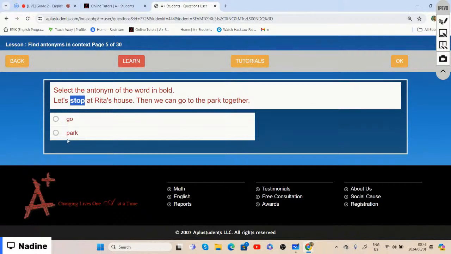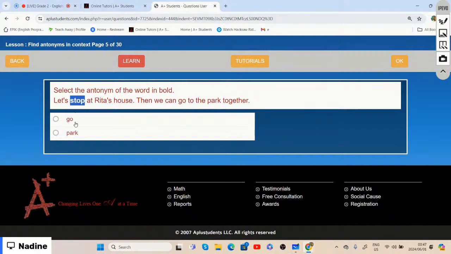Is it go, option one, or park, option two? All right, and if we were to select the opposite of stop, then it is go.